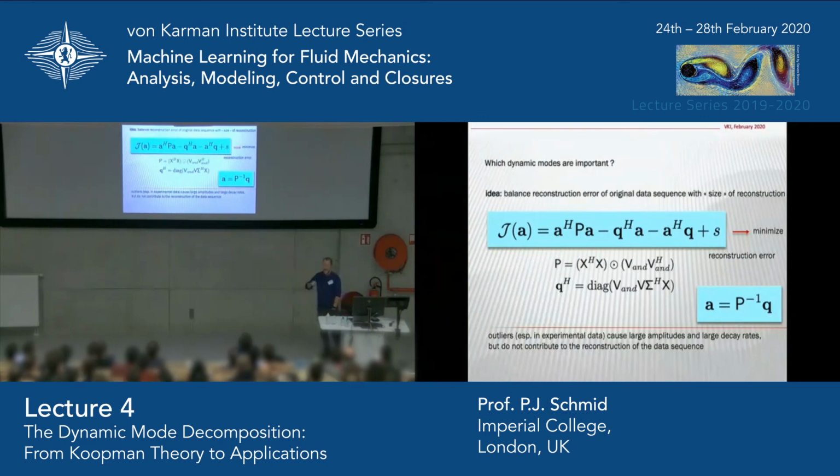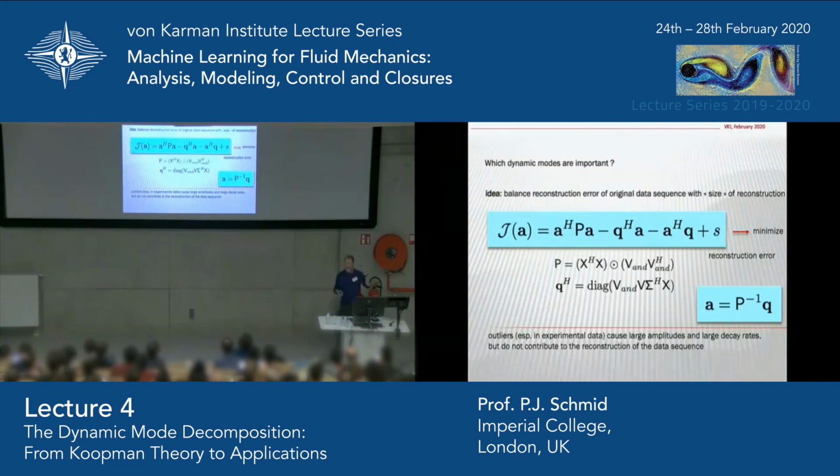That one works most of the time for clean data that comes from a nice DNS or something like that. If you go to experiments and you have outliers, this thing will fail. And the dirtier your data are, the more spectacular it will fail. Because if you have an outlier there, and the DMD algorithm, the way I presented it so far, is trying to make something out of it, it doesn't know what is an outlier or not.